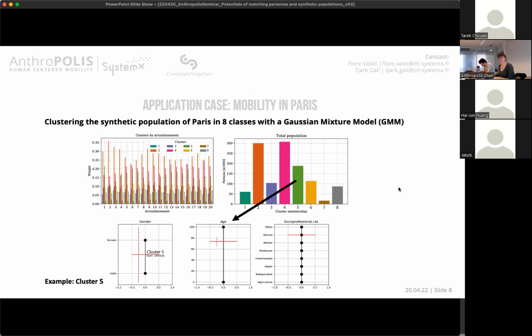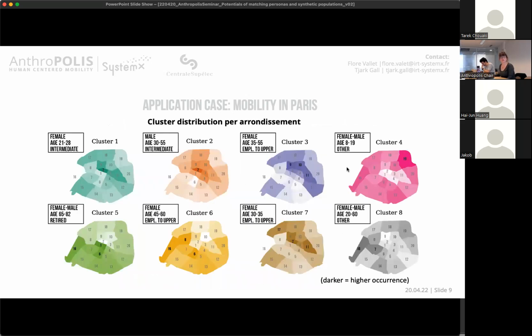And we can have a look at the means, the proportion and the distribution of each cluster this way. When we take a look at Paris, we've also got the attributes regarding the living area. So here you've got the main attributes for all the clusters.